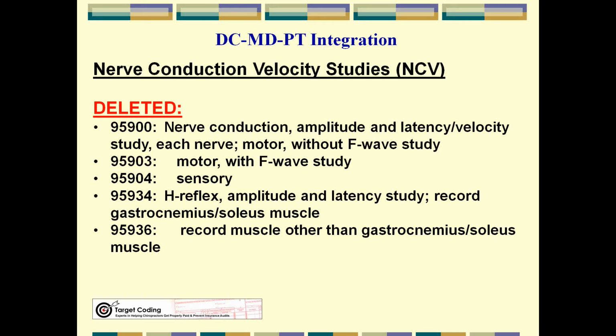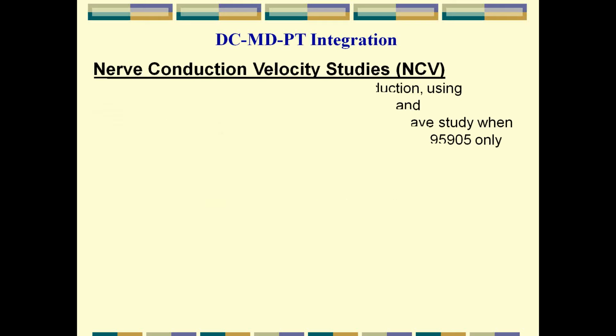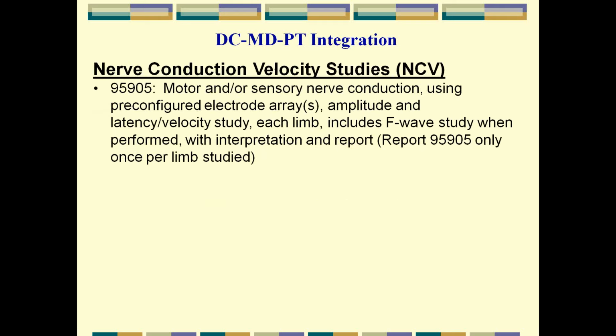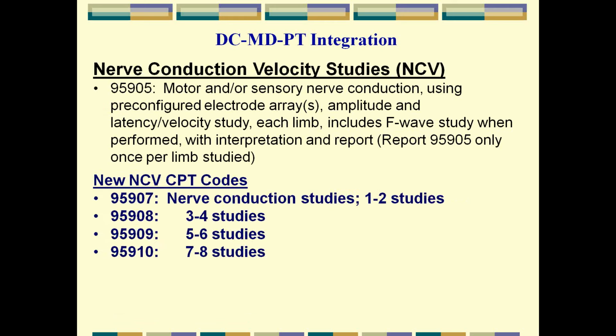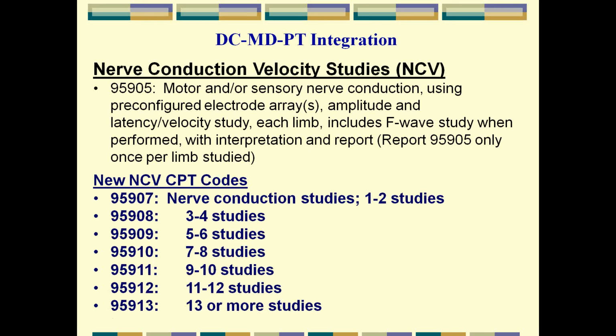Make sure that you're aware of this, if you're using these in your practice or if you're using an outside diagnostic testing company. 95905 is still in effect. Now, the new codes that are in place for NCVs are 95907 through 95913. Those are the new NCV CPT codes.